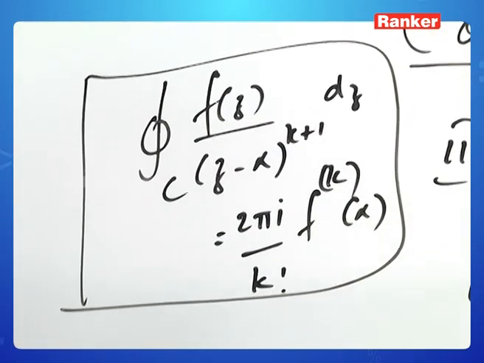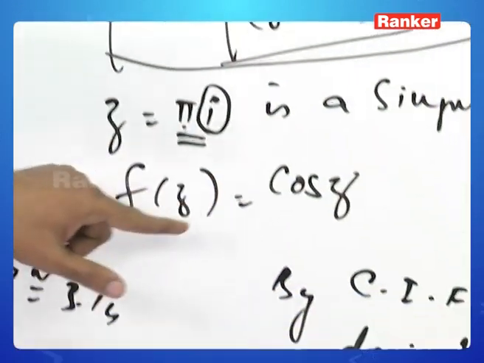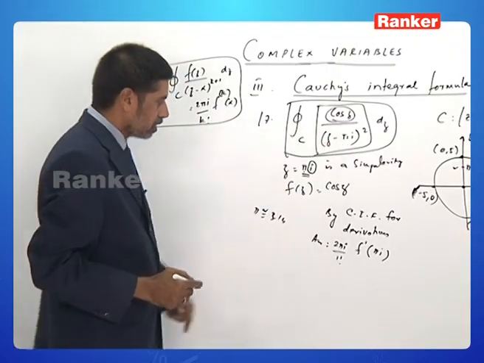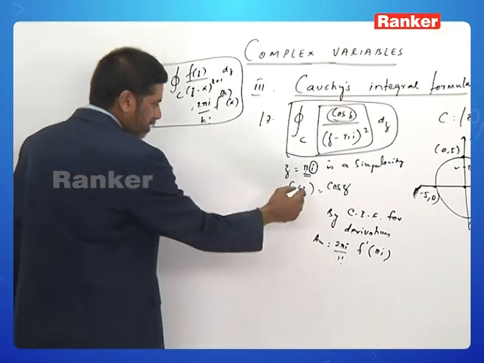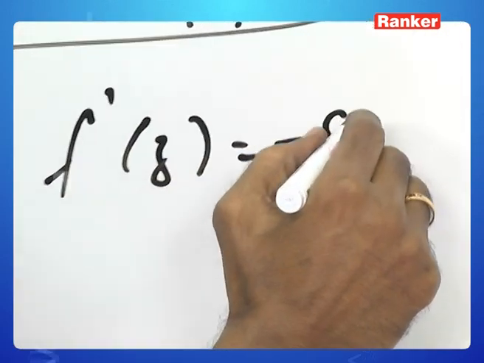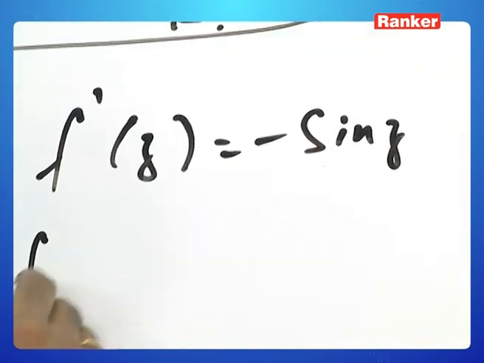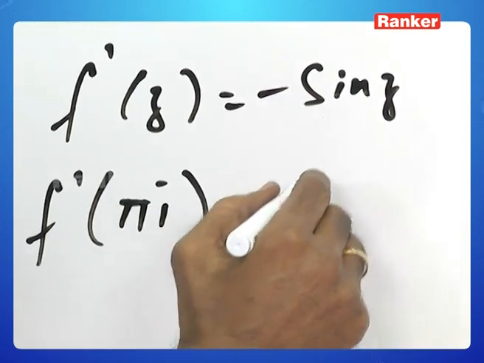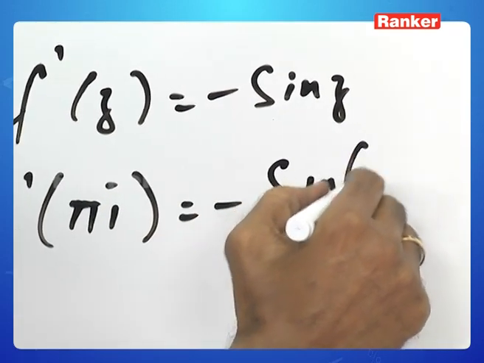So, here our numerator is cos z, and you must differentiate it once, evaluate it at the singularity. So, now let us see what is f dash z from here. F dash z is minus sin z. So, f dash pi I is equal to minus sin pi I.